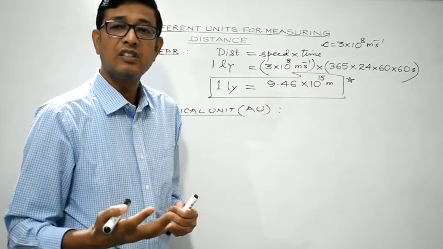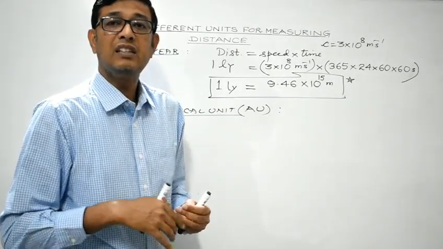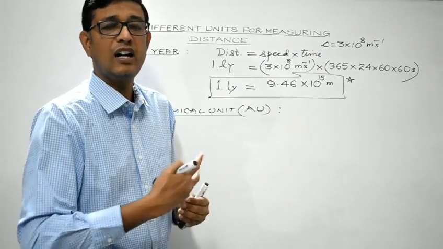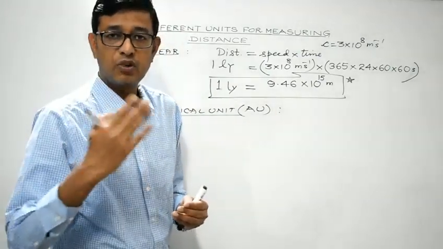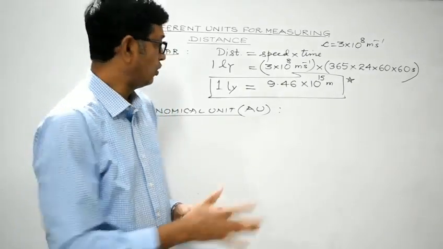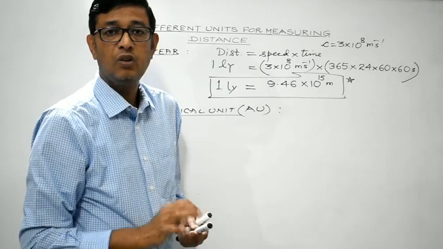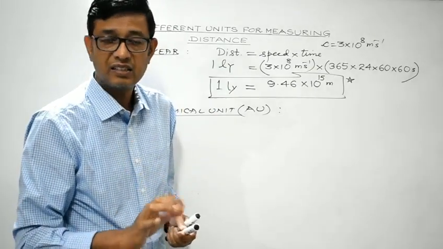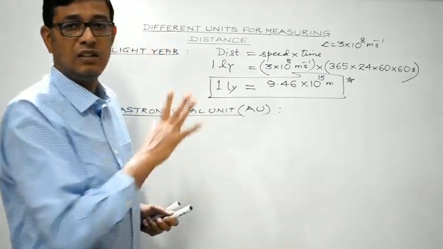So later on we will discuss several indirect methods in which we can easily calculate the distance of large heavenly bodies or large or distant objects from the earth's surface. So the distance of the sun from the earth is found to be 1.496 into 10 raised to power 11 meters, and that is known as astronomical unit.